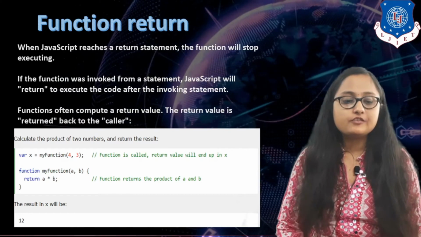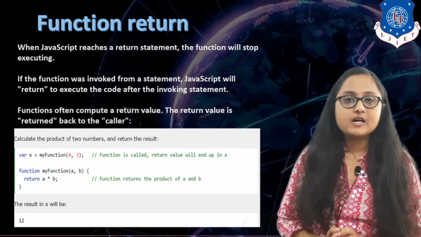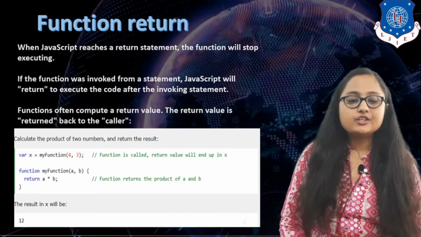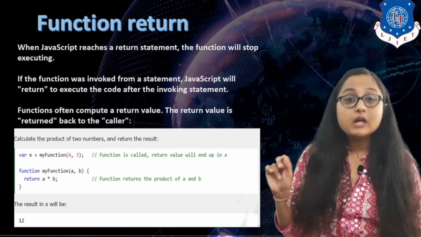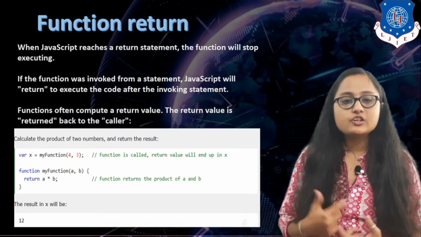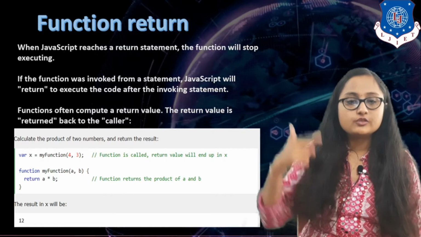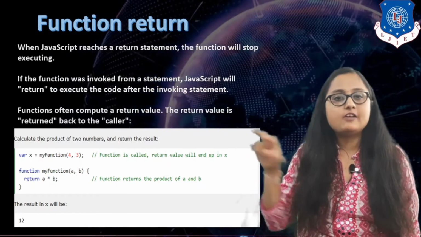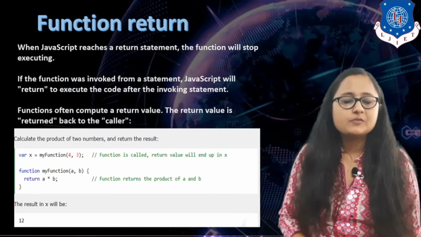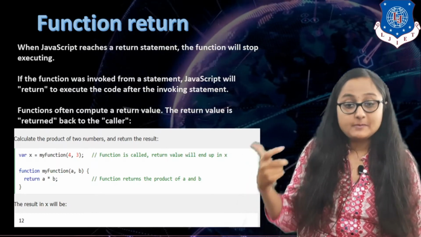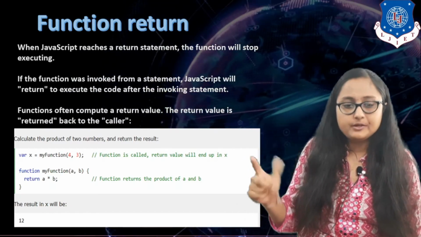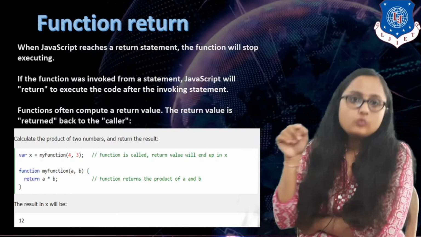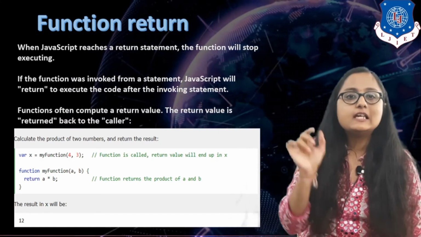So here you can see in this example, I have created a function, myFunction. Inside that I have passed a and b as parameters, and in the code of my function I have written return a multiplied by b. When this function is invoked, you can see that x is equal to myFunction, and I have passed the actual parameters 4, 3. As soon as I call this function by passing the actual parameters, what will happen? The control will go over to the function. In the function, what is the execution? You are returning a into b.